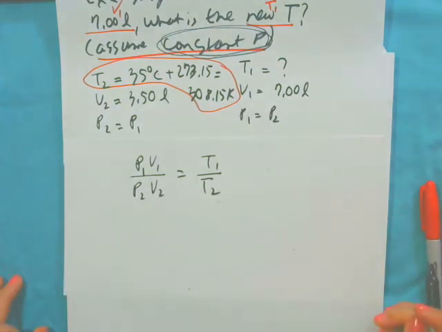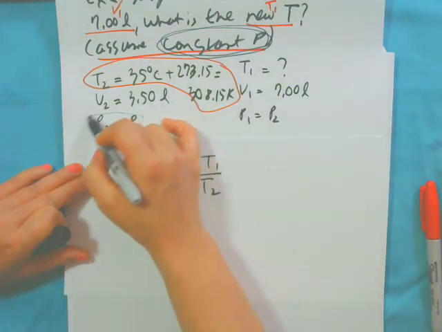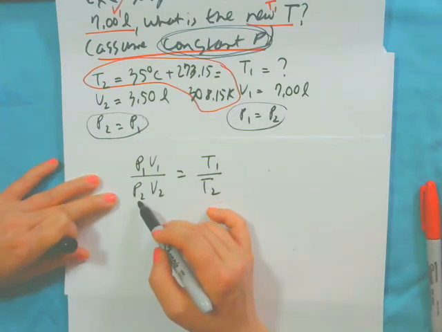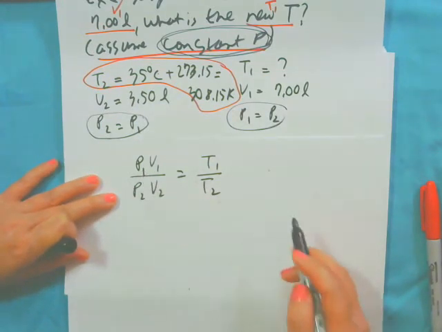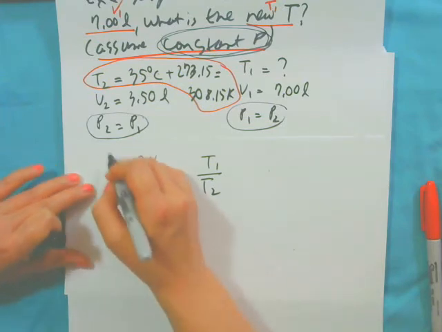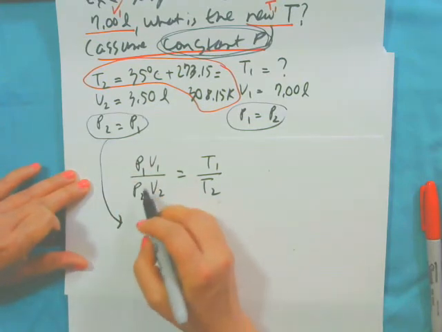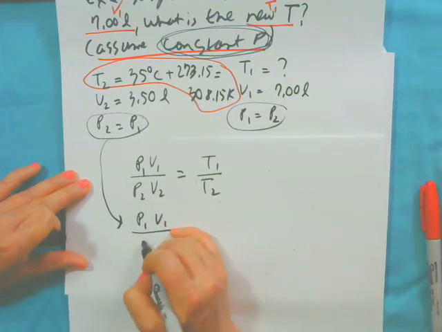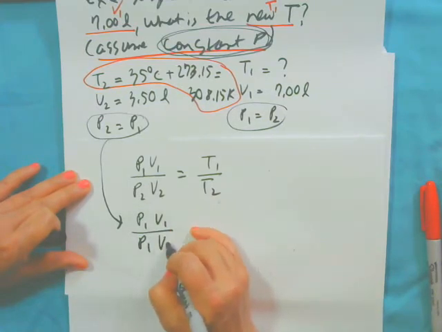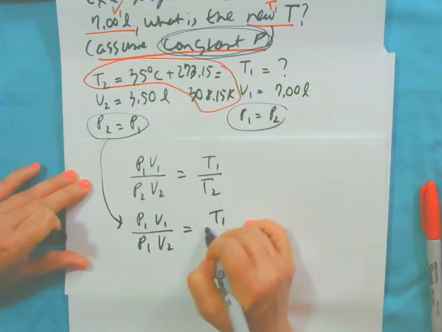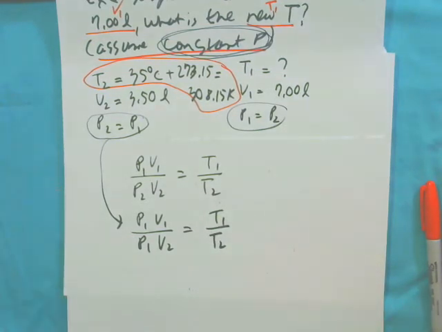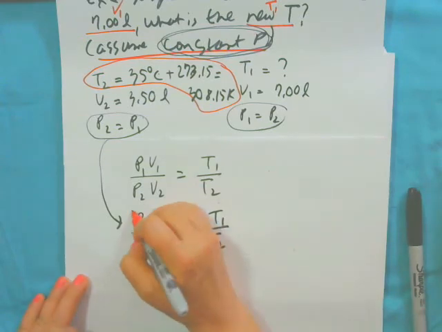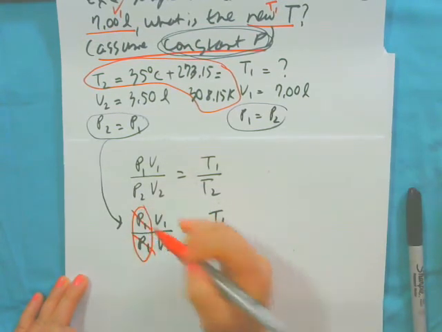There's our equation. Before we start, in place of P2, I'm going to put in P1. So my equation becomes P1 times V1 over P1 times V2 is equal to T1 over T2. Now you realize that my P1 will cancel my P1, so that really goes away.